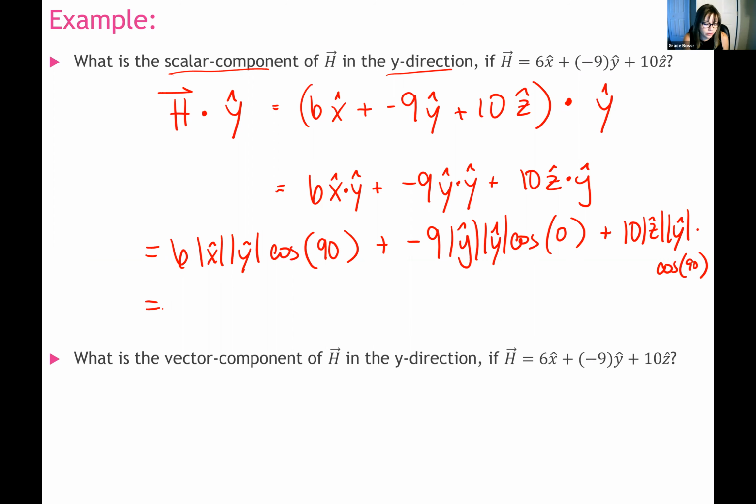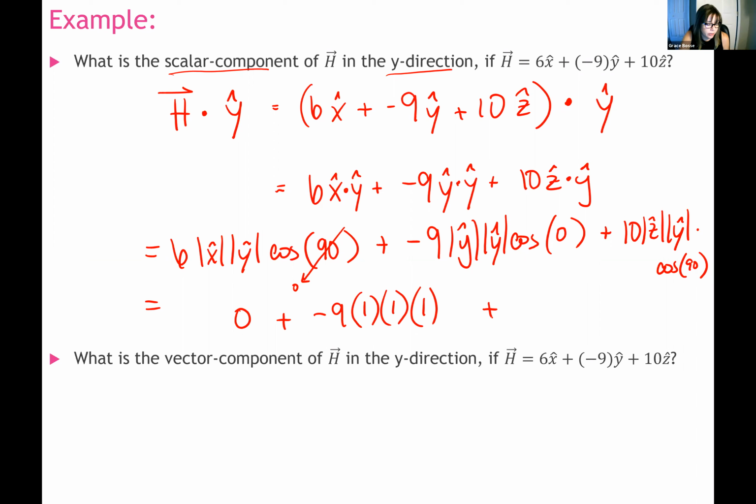And one last step we can do here, these terms that have cosines of 90 will go to 0 because the cosine of 90 is 0. So that first term is just a big fat 0. The next term, I have negative 9. Well, the norm of unit vector y hat is the number 1. And the cosine of 0 is also the number 1.